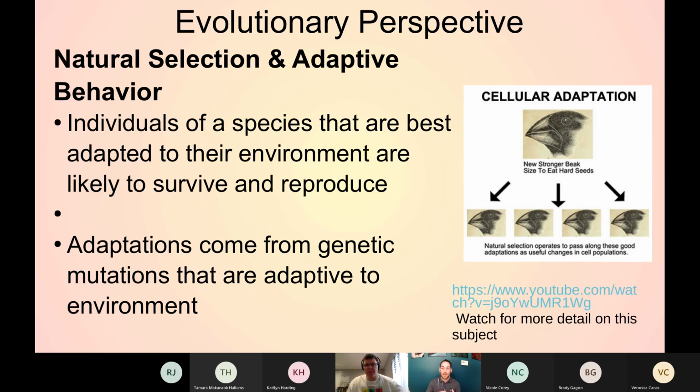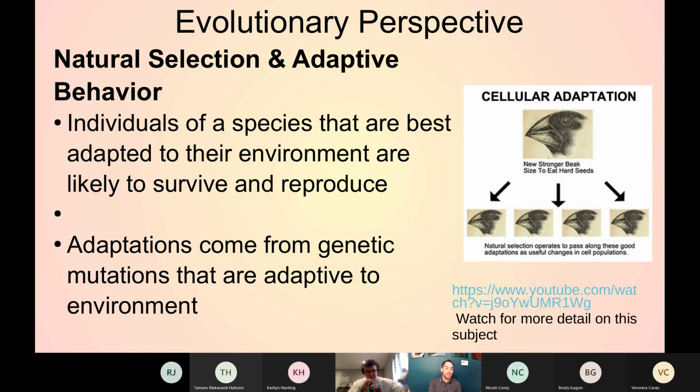So if you take a big family of birds, so let's say you have 200 birds on an island and you split them up into 2 different islands. The birds on each island after the course of a couple hundred or a couple 100,000 years might look very dramatically different to each other, because as these birds have babies, then the genes and that process of mixing genes together, mutations can come in.